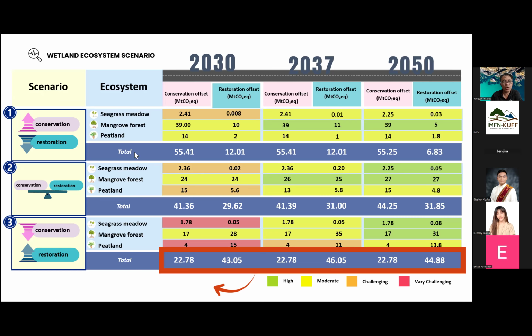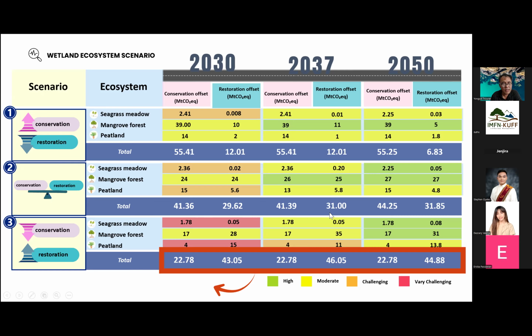What is the contribution of landscape or forest restoration to the nature-based solution? This shows that if we have more conservation and less restoration, conservation is quite high, but restoration is very low, and conservation offsets are quite high for the mangrove and for others.